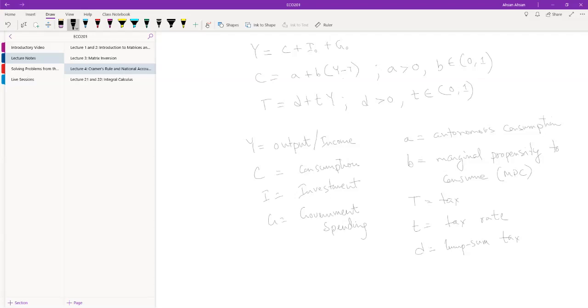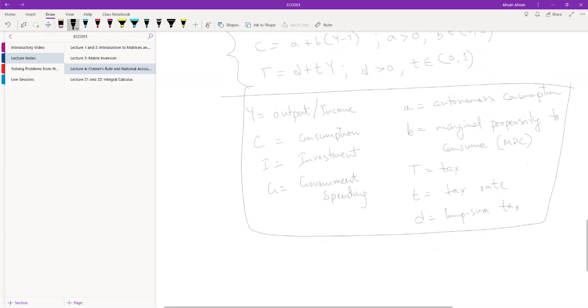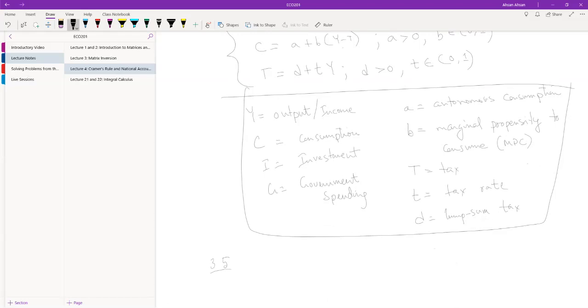All of this is just for you to understand what's going on, but mathematically, let's see how we solve this. This is from exercise 3.5. We have not done 3.5, which is fine, but we can solve 3.5 using matrix inversion and Cramer's rule.